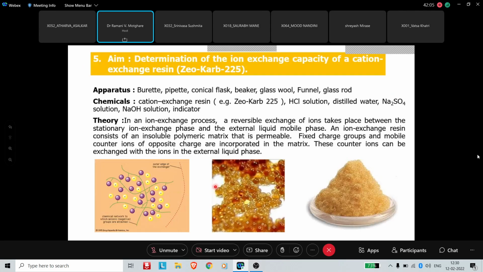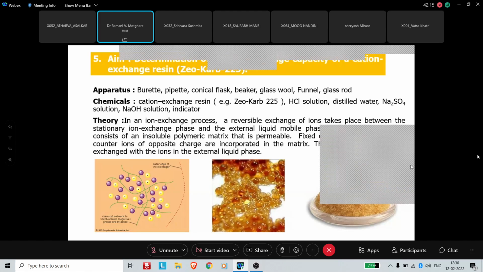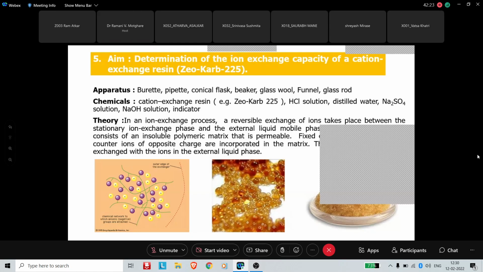Z1 batch students. Roll number 1, roll number 2, roll number 3, roll number 4. Sir, ma'am, roll number 3 present. Okay. Roll number 4, 5, yes, ma'am.